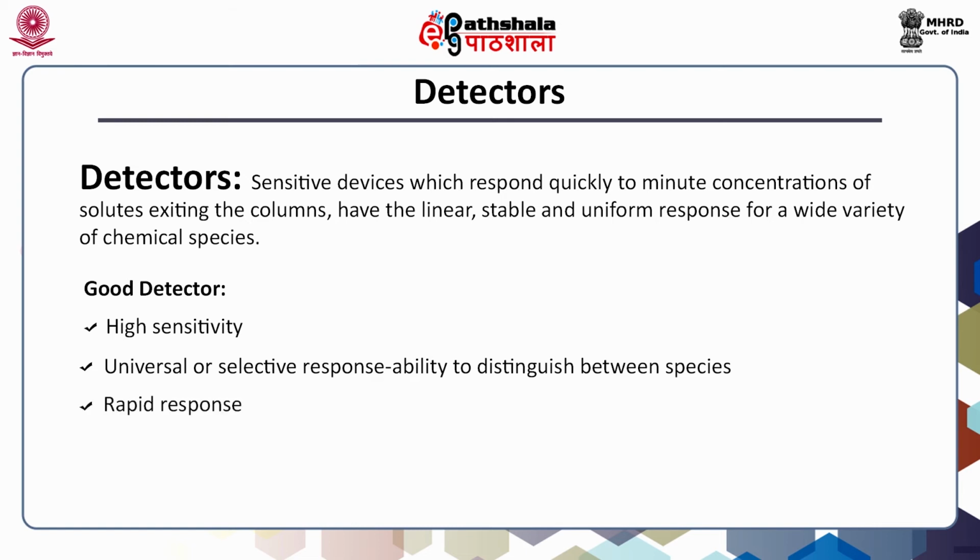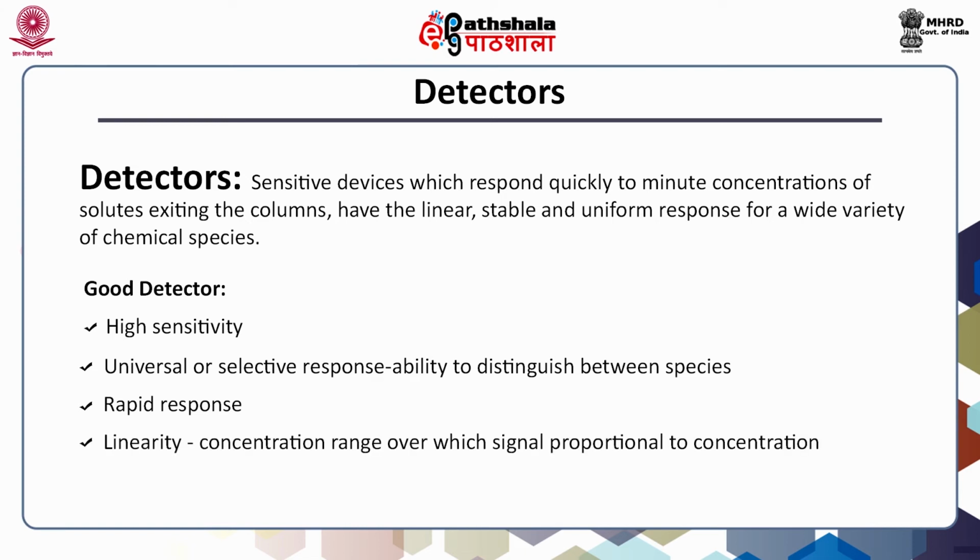Their response should be rapid, their response should be linear, and they should have stability with respect to noise. That means they should not disturb the baseline very much and the baseline should not drift much. So, the detector should be very stable.